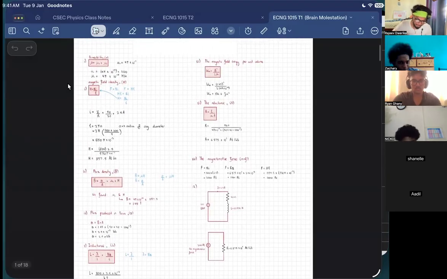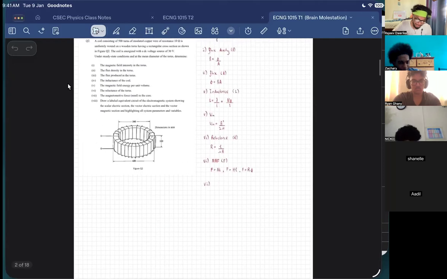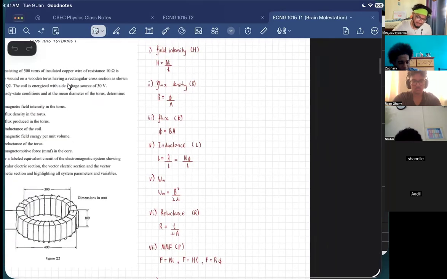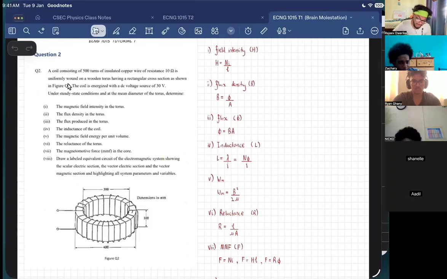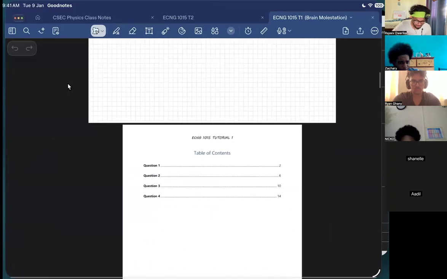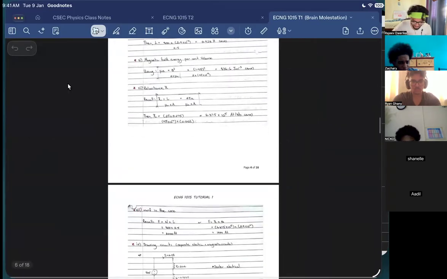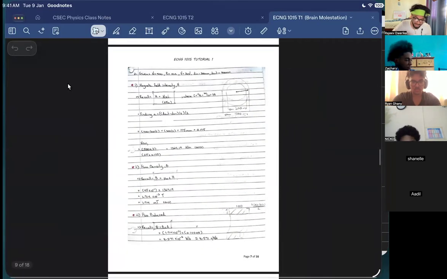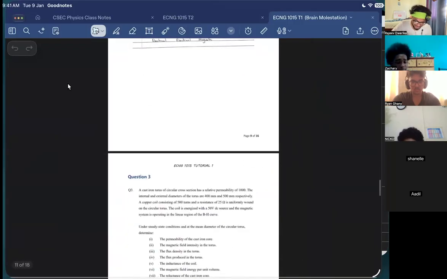No, this stuff is not easy. I remember a million formulas, guys: field intensity, flux density, flux, inductance, reluctance, magnetic force, all kinds of things. We all hate this, but it's fun though.